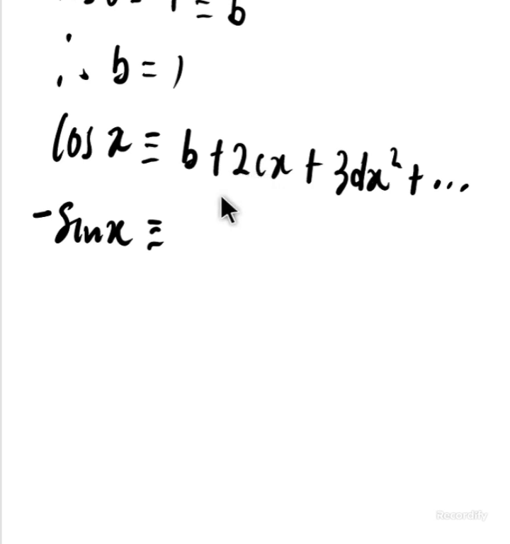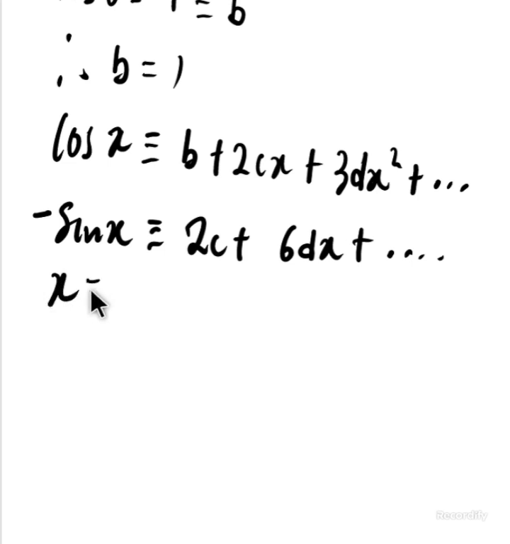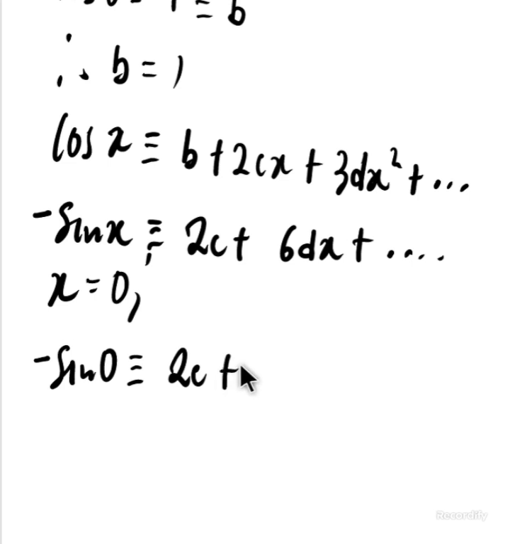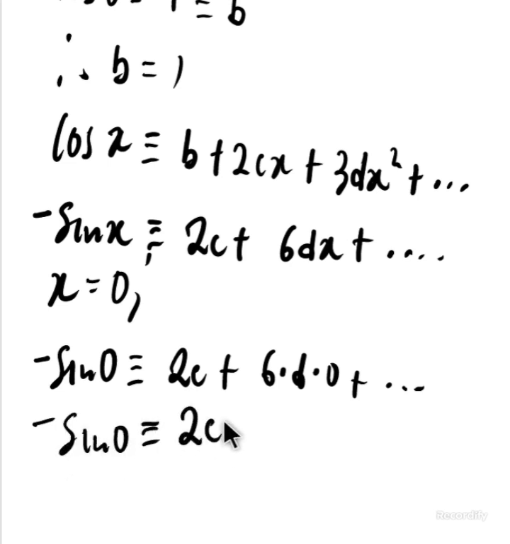You differentiate 2cx, we are going to have 2c, plus this is now 6dx, plus dot dot dot. After differentiating, we substitute x equals 0 as usual. So the left-hand side will be minus sine 0, equivalent to 2c, which doesn't have any x, plus 6 times d times 0 plus dot dot dot. So that's negative sine 0 equivalent to 2c, because 6 multiplied by d, that's 6d, multiplied by 0, that's 0.